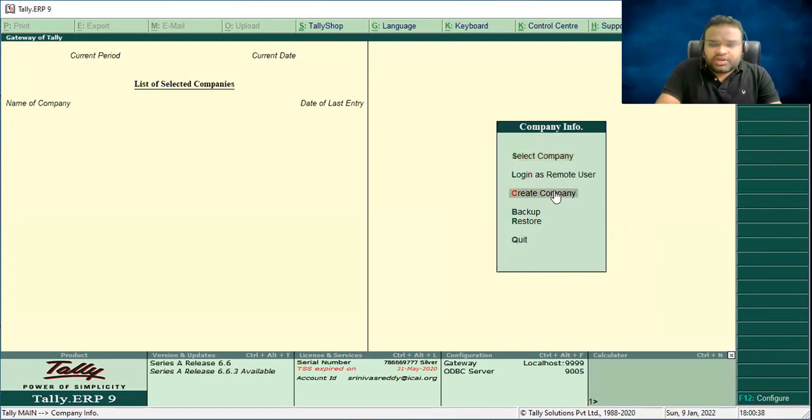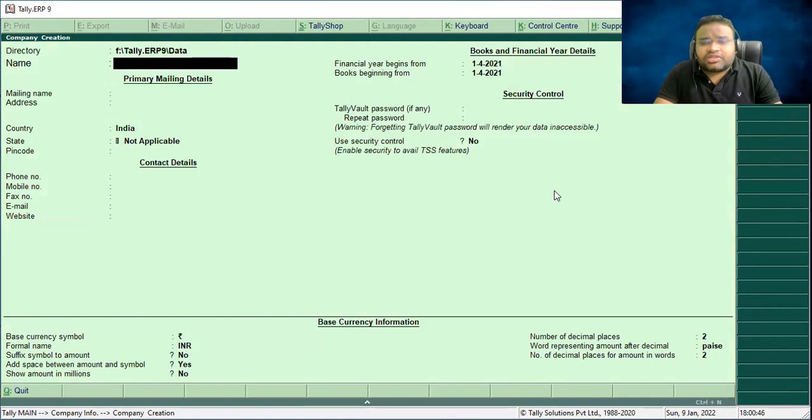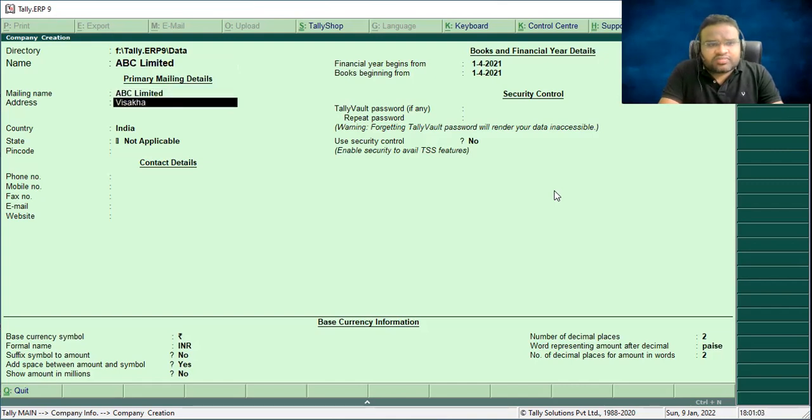I'll create a new company. Assume that during discussion we discussed retail outlets in terms of BPCL. I'll create a company which is similar to oil producing companies. I'll put ABC Limited. The name of the company is ABC Limited. Address, I am keeping some Visakhapatnam.